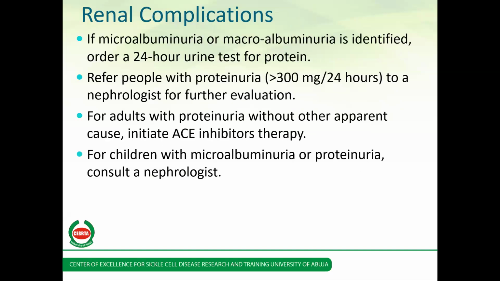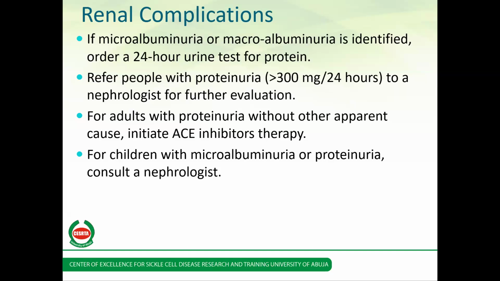Renal complications. There is a spectrum of these renal complications, as we all know, starting with microalbuminuria. If there is microalbuminuria or macroalbuminuria, order a 24-hour urine test for protein.